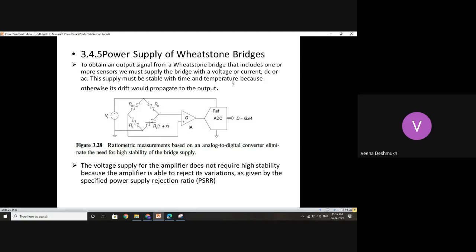Next thing, with the temperature. Now with the temperature again, the semiconducting devices, even the resistors for that matter, if continuously the resistors are used for longer duration, the leads and all continuously get heated up, they expand.